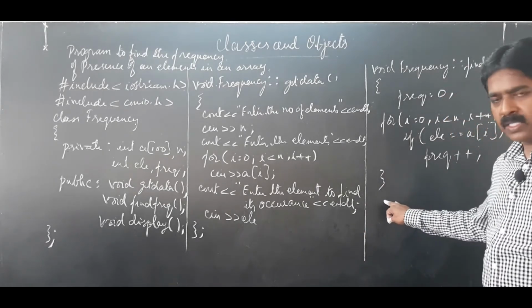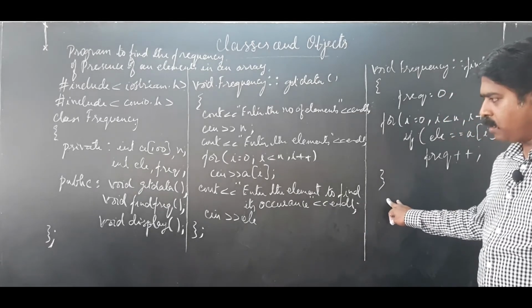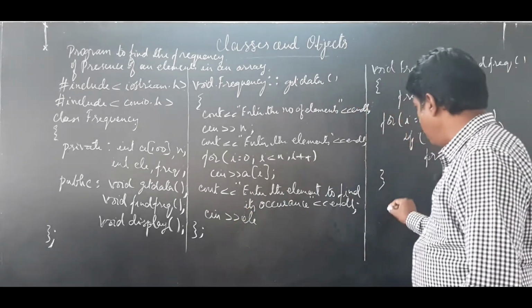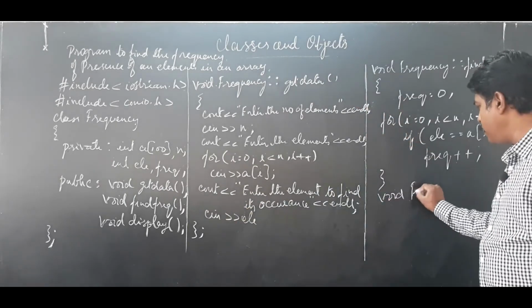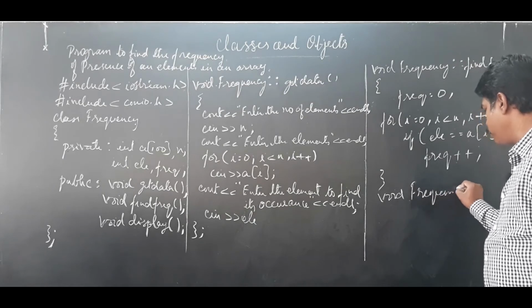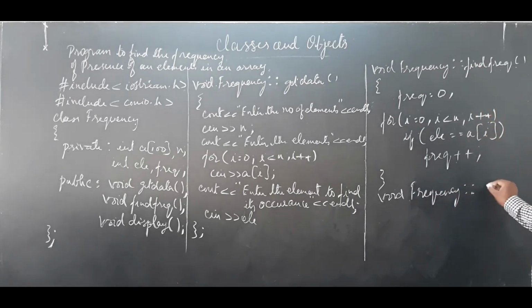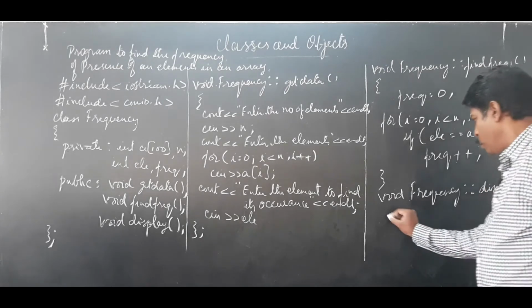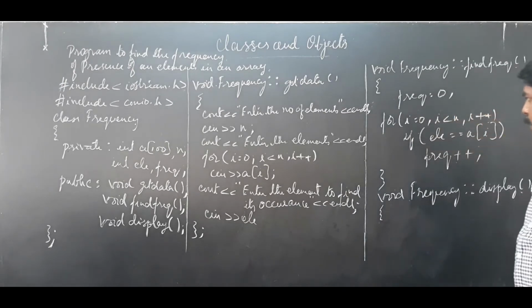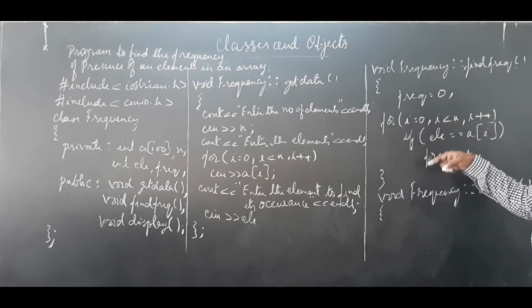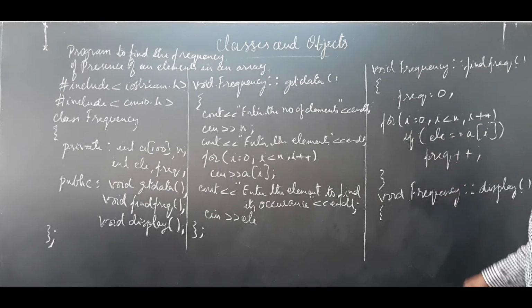Now this is what I discussed, that I will be writing about the display, void frequency, scope resolution operator, then display, open a flower bracket. After taking up the logic part, we will come to know that this frequency has got a value.